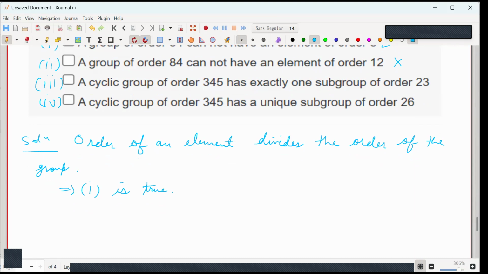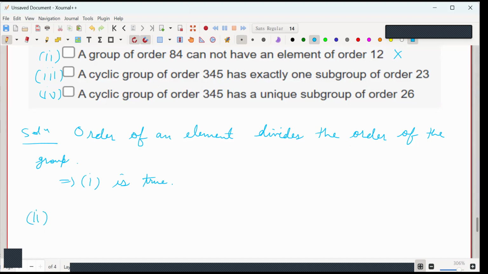But there are groups of order 84 which have an element of order 12. It's not guaranteed, but for some groups it is true. So can you give me a group of order 84 in which there exists an element of order 12?